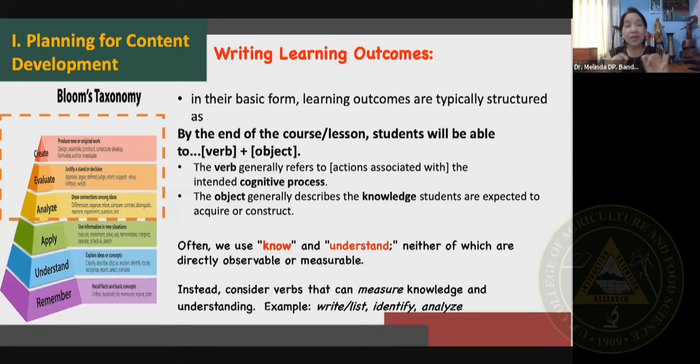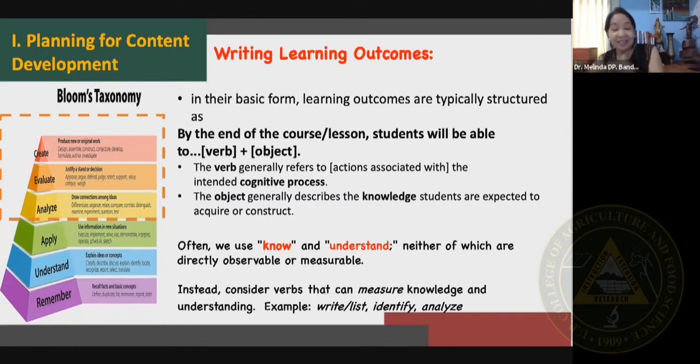In so doing, it will now be easy to assess whether they were able to achieve that particular learning outcome. So again, we go back to the assessment questions, to the licensure exam questions.